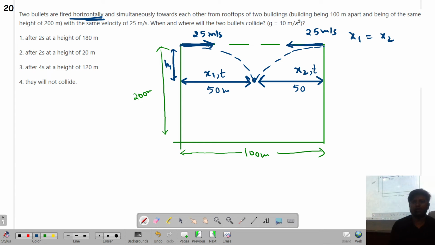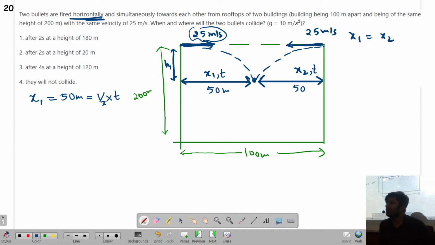Got it or not? Now, can you calculate in what time this x1 is traveled? How much is the velocity along the horizontal? 25 meter per second or not? So now look over here. This x1 distance, which is equal to 50 meters, will be equal to what? Velocity into time t, yes or no? Is there any acceleration along the x direction?